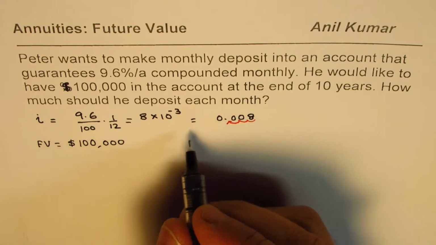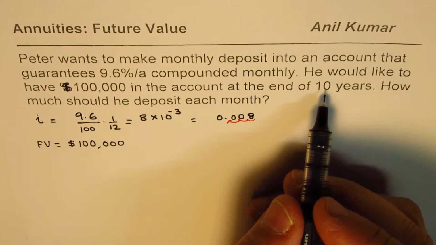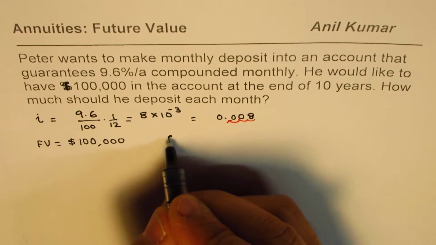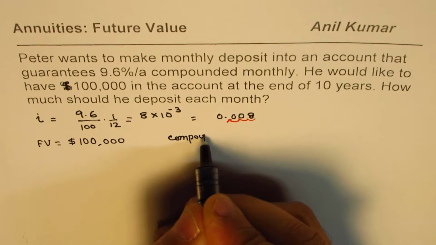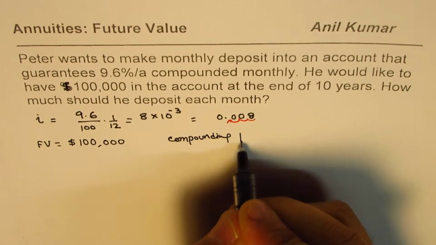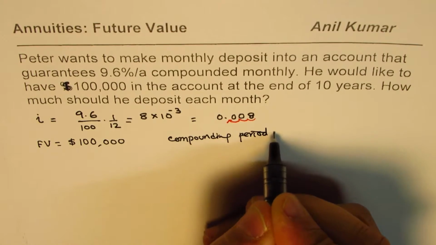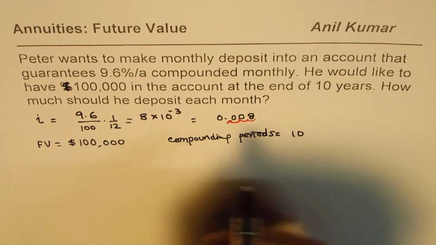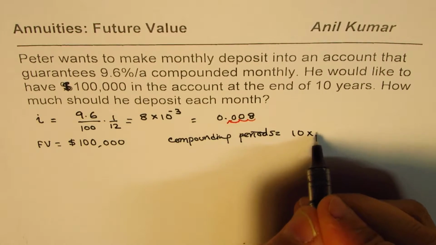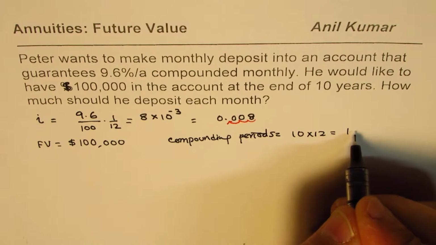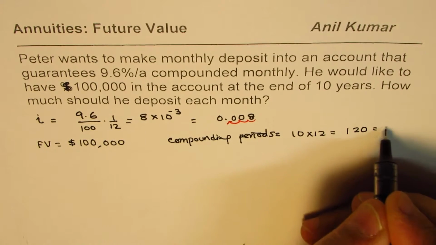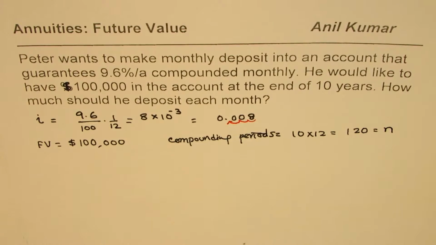So 10 years is the total time, and how many compounding periods are there? In 10 years, we are doing it every month, so times 12. So the compounding periods is 120. This is the value of n in our formula, right?